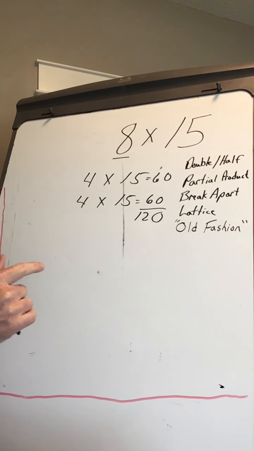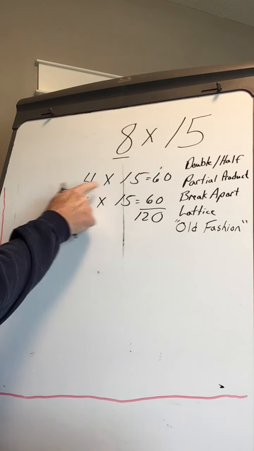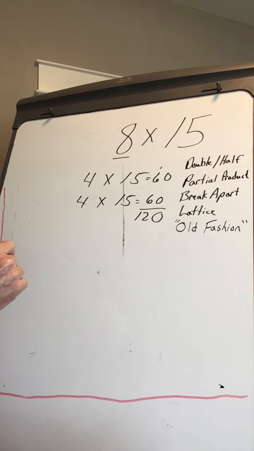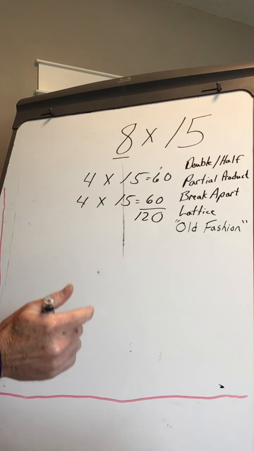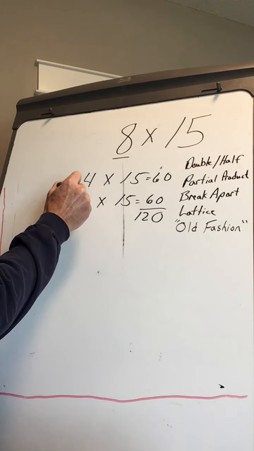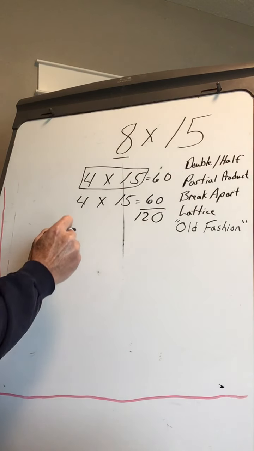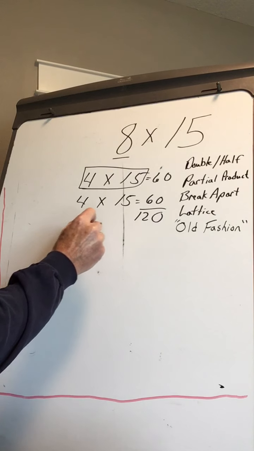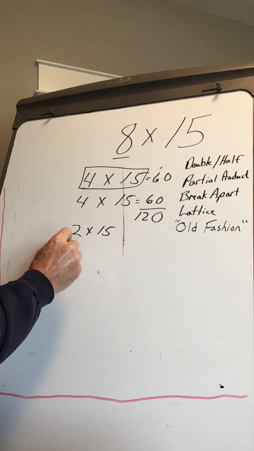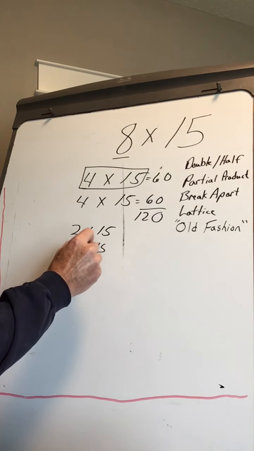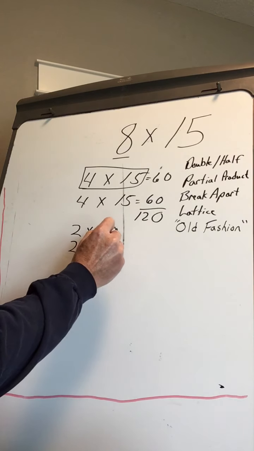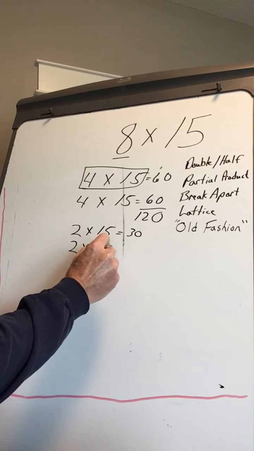Now, some of you might be saying, I don't know what 4 times 15 is. Well, you can break it in half again. So this particular problem, 4 times 15, you could do 2 times 15 and 2 times 15. 2 times 15 is 30.